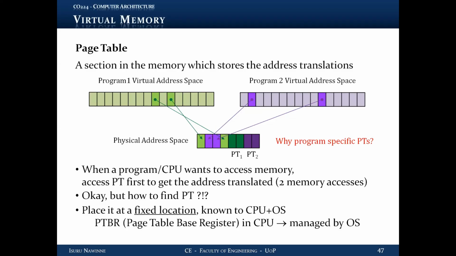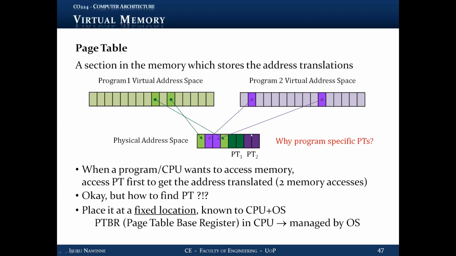Then comes the problem. You have multiple page tables for multiple programs running, right? The CPU switches between different programs. So there are different page tables stored in the memory at a given time. So how do we know the location of all those different page tables?